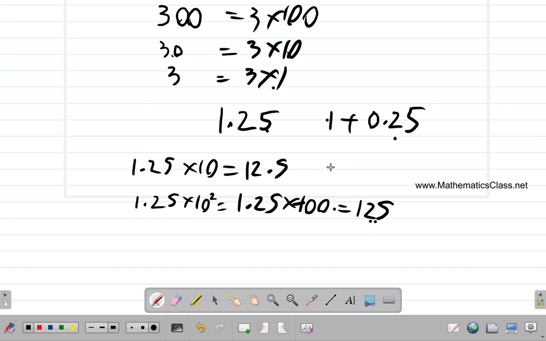Now, this means 100 plus 25. Now, here, 0.25 is 0.25 out of 1. The decimal number system, the number as a decimal is written as out of 1. But the 100 we multiply it by here means our 25 is no longer out of 1.